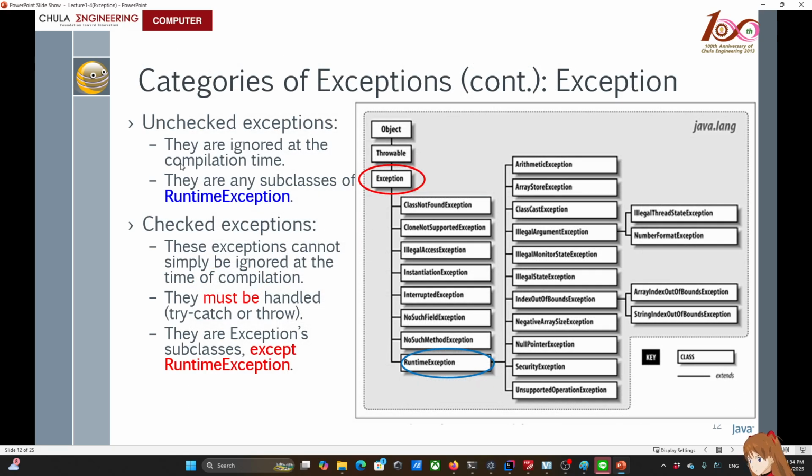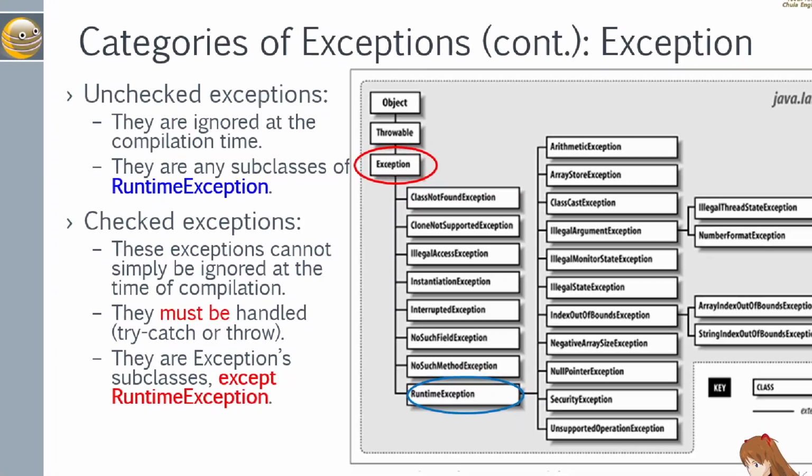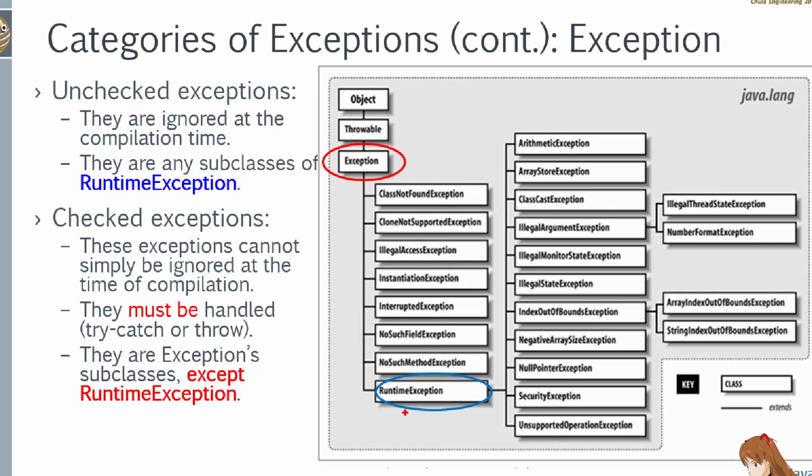And for exception, we have unchecked, which is not checked during compile time. They're ignored, but they can be encountered at runtime. So these unchecked exceptions are subclasses of what we call RuntimeException.